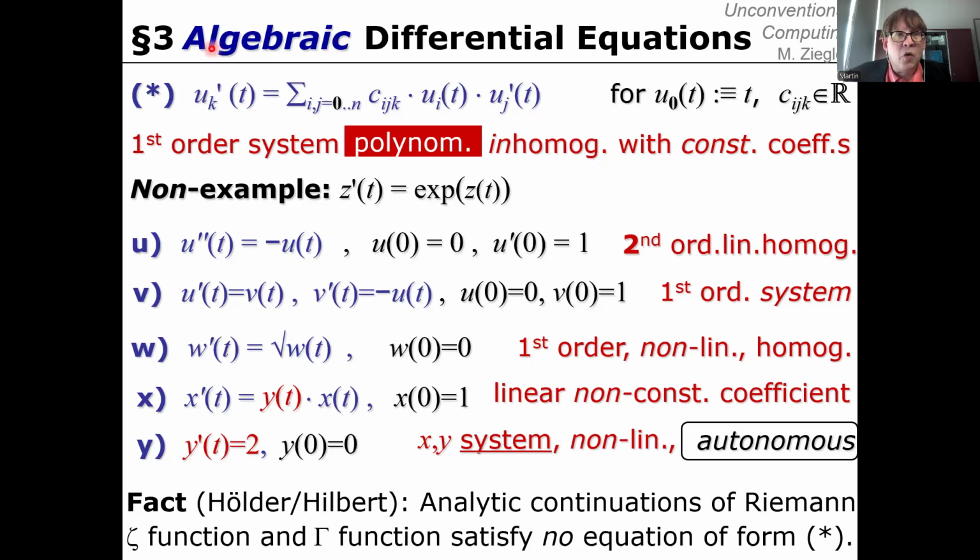They satisfy no algebraic equation system. And this is just something to keep in the back of your head, because later we will use that to conclude, along with Claude Shannon, that Vannevar Bush's differential analyzer cannot compute these two functions.